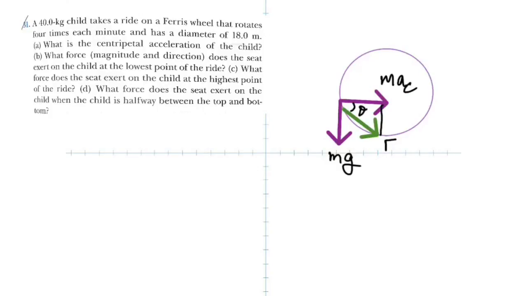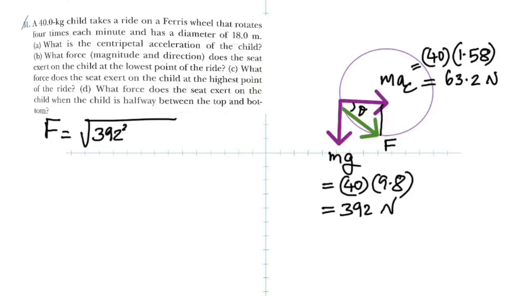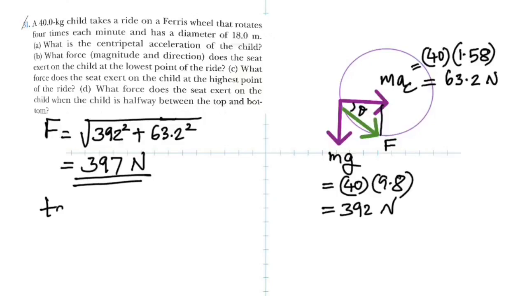The green arrow gives the total force in this case, which can simply be found by taking the square root of the sum of the squares. And so mg is 392 newtons, and mac is 63.2 newtons. So when you do the math, it comes out to be 397 newtons.